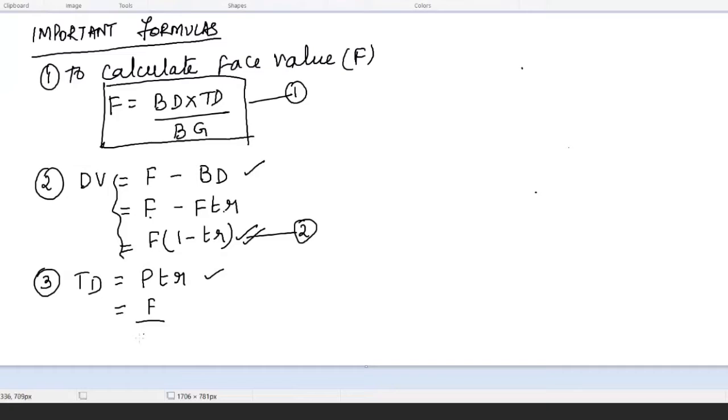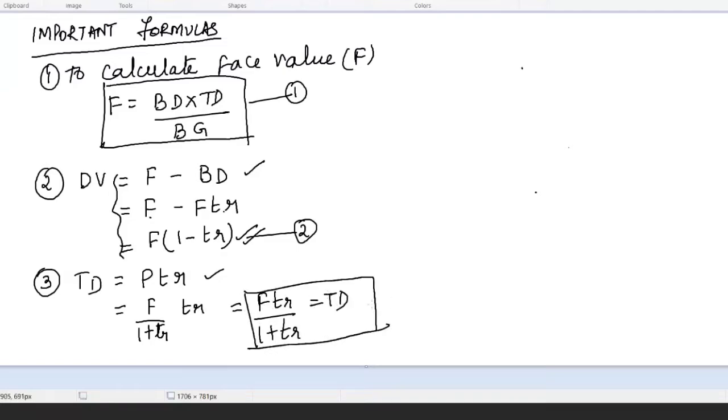F by 1 plus TR into TR, this TR as it is. So together how can we bring that? So this is equal to FTR by 1 plus TR. This is another formula for this. Do you remember? This is the BD is equal to FTR by 1 plus TR.